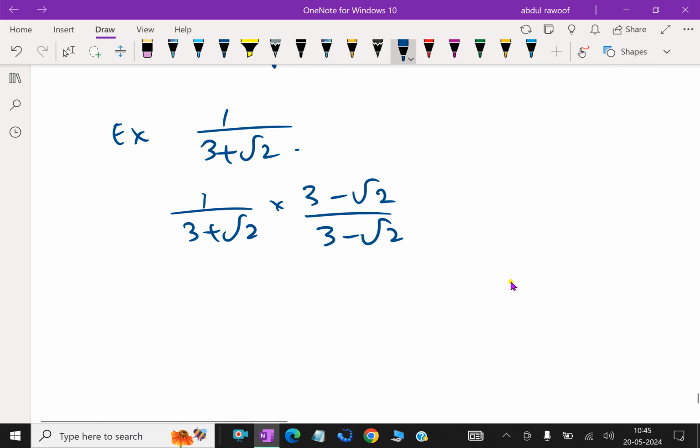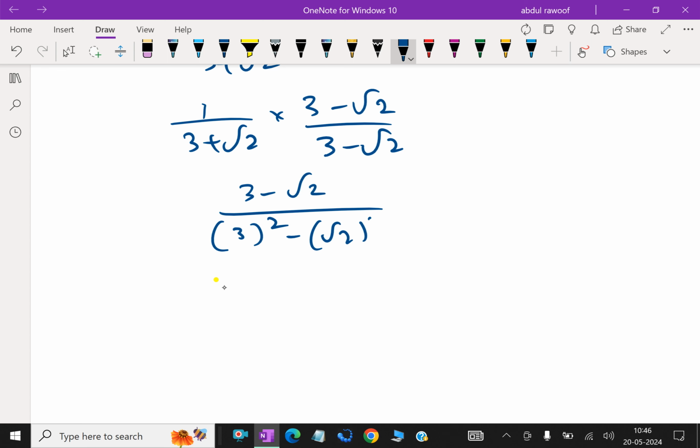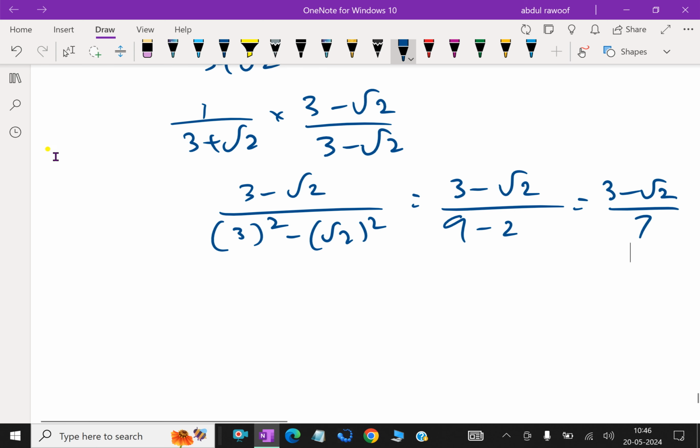Since 3 plus root 2 and 3 minus root 2, you can write in a square minus b square form. So 1 into 3 minus root 2 is 3 minus root 2 over 3 square minus root 2 square, which is equal to 3 minus root 2 over 9 minus 2, so which is equal to 3 minus root 2 over 7. That means the denominator becomes an integer.